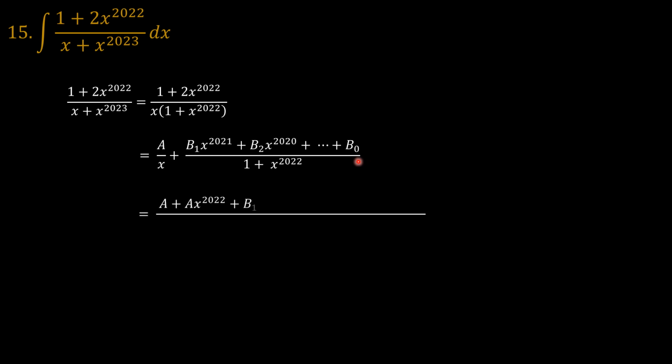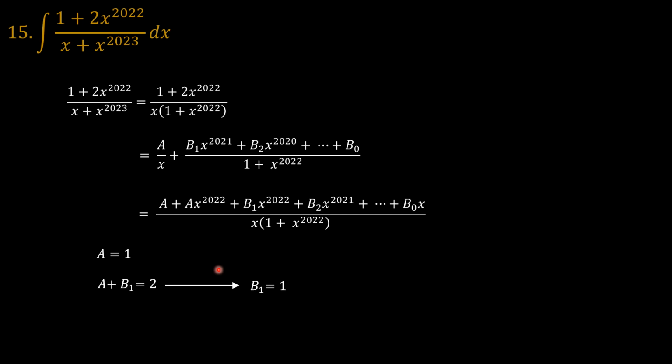Now, if you bring everything together, you see that our constant a is the same as this 1, so a is 1, and everything else would be 0, and only a plus b1 would be equal to 2. And since we know a to be 1, b1 would be 1.